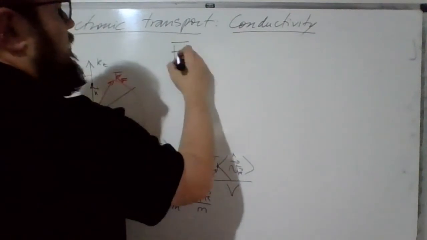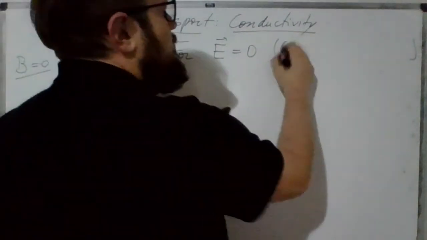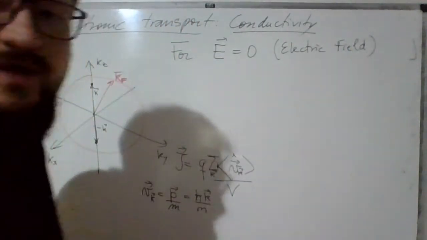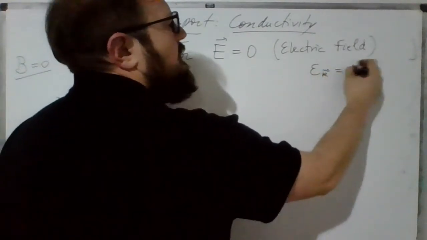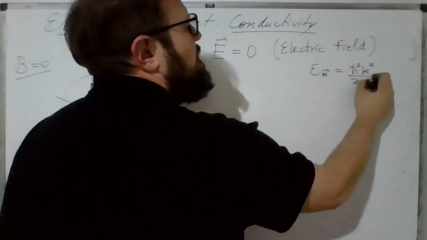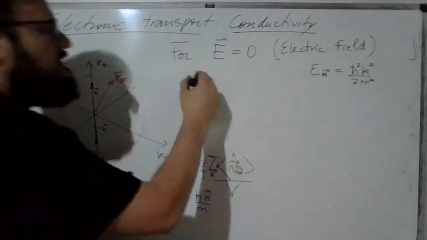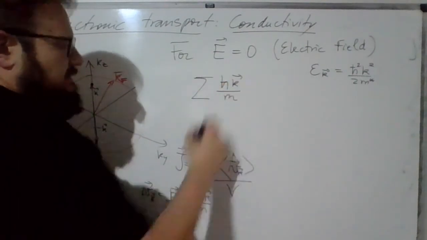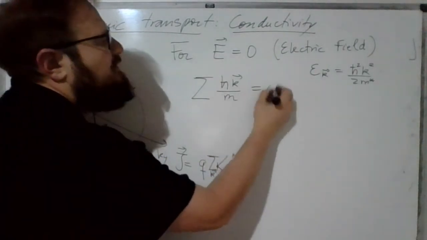But notice that for electric field equal to zero, there are no electric fields. All the energies depend only on k squared divided by twice the effective mass. And in this way, if we sum over all the possible velocities of the particles, we will have zero.